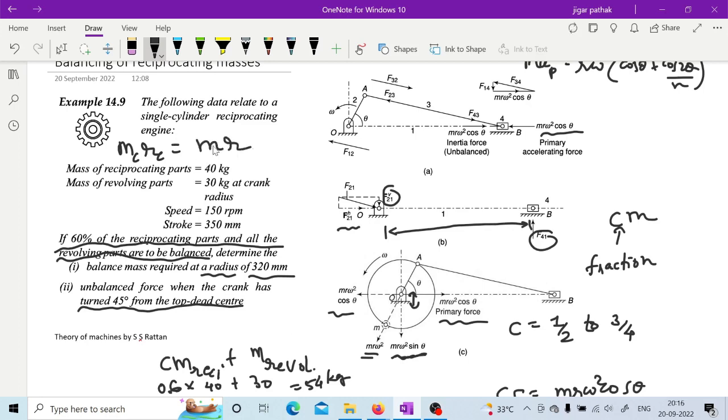This 54 kg will be your m, and the crank radius will be half the stroke length, that is 175 mm. The radius of 320 mm for the balancing mass is provided. So you have everything except the balancing mass required. Are you getting it?